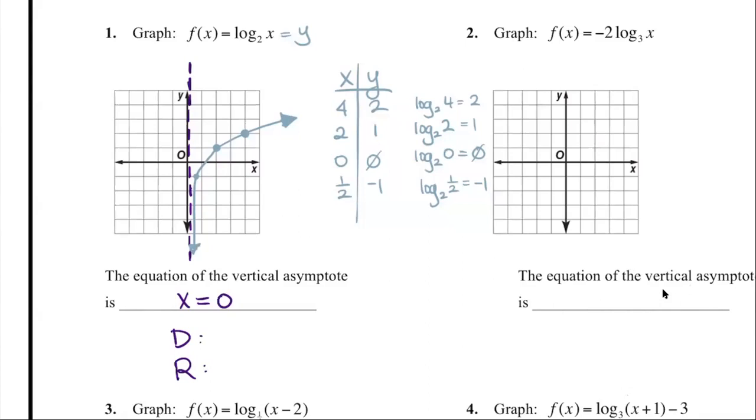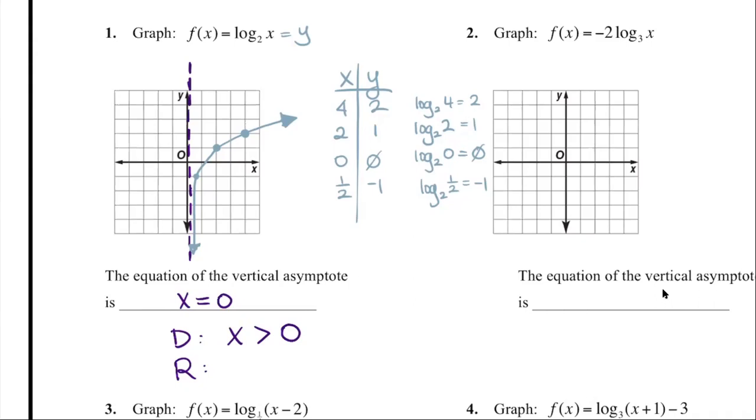Not all real numbers actually for this one. Those of you who said x is greater than 0, you are correct. If you look at the graph, there's only graph to the right of 0, not including it.